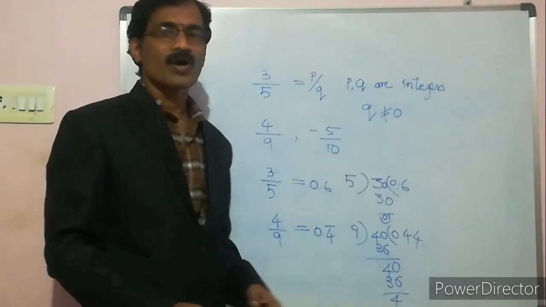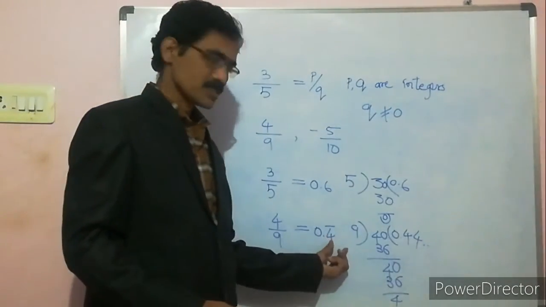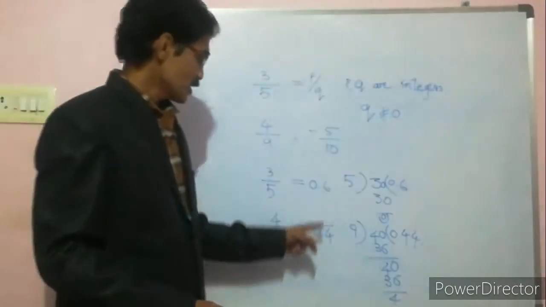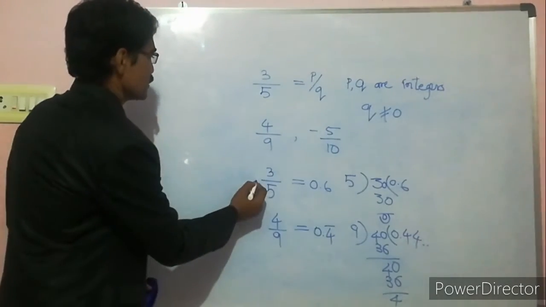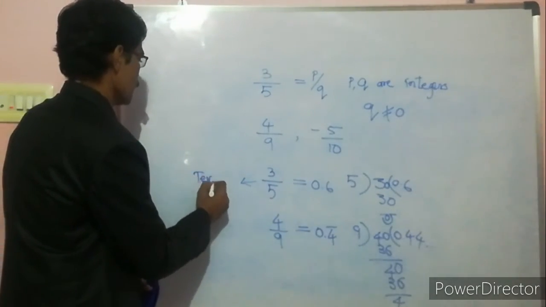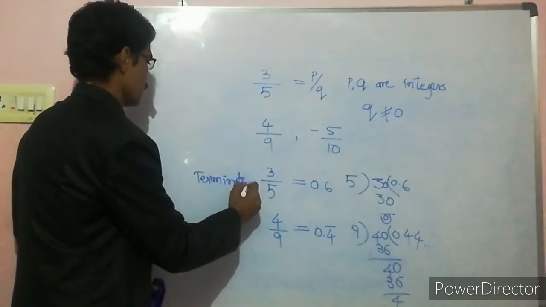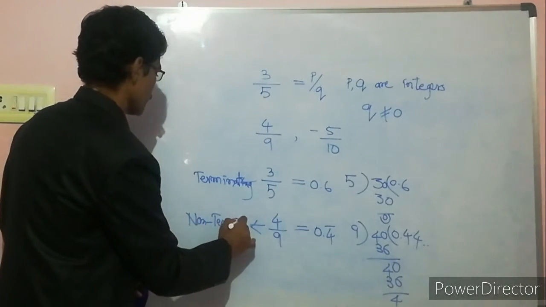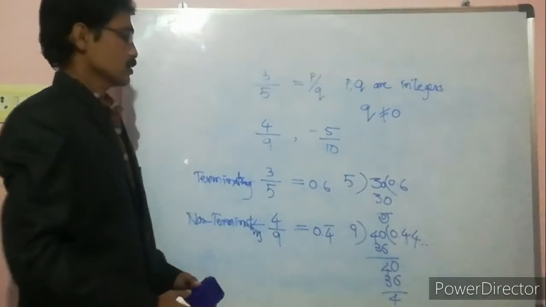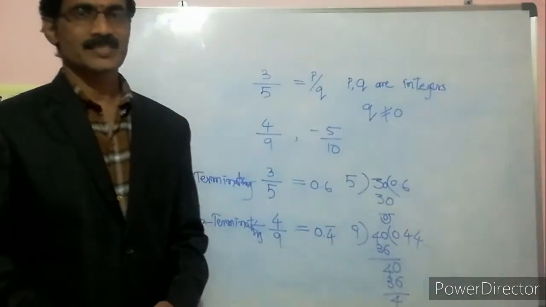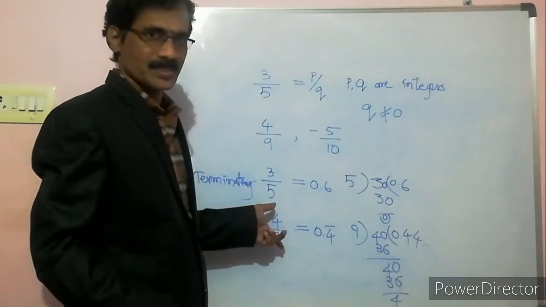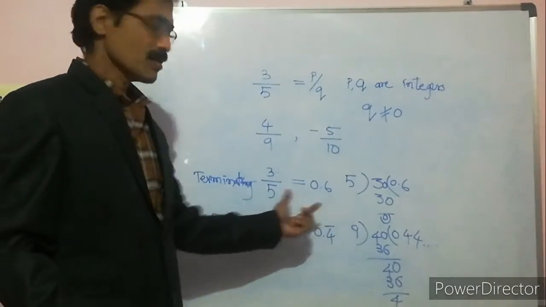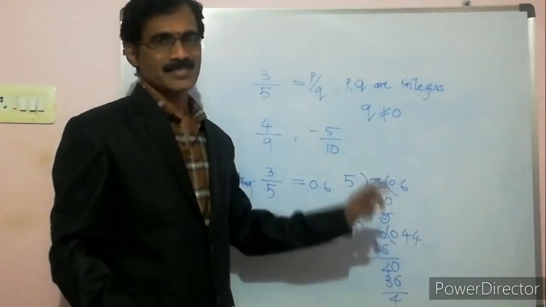That is denoted by a bar, meaning which part is repeating again and again, you keep a bar on that part. These are the two types of decimals we can get from rational numbers.